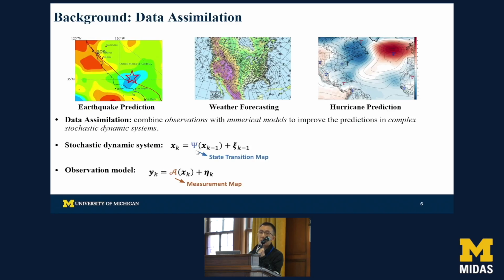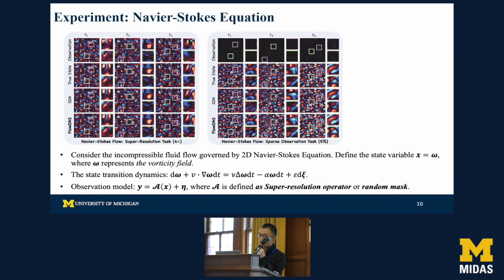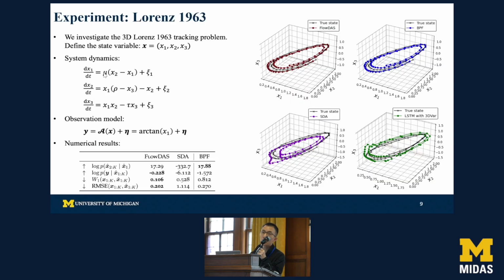A state transition is a map from the current state to the next state. For example, if you look at this Lorenz system, you can view this as your state transition. These are the coordinates x1, x2, x3, governed by the system dynamics.